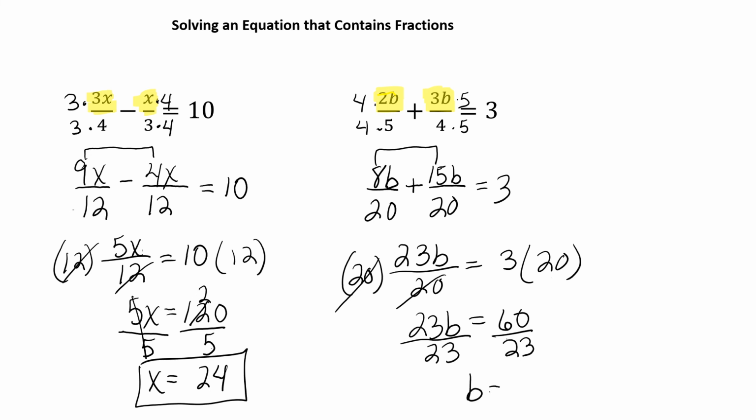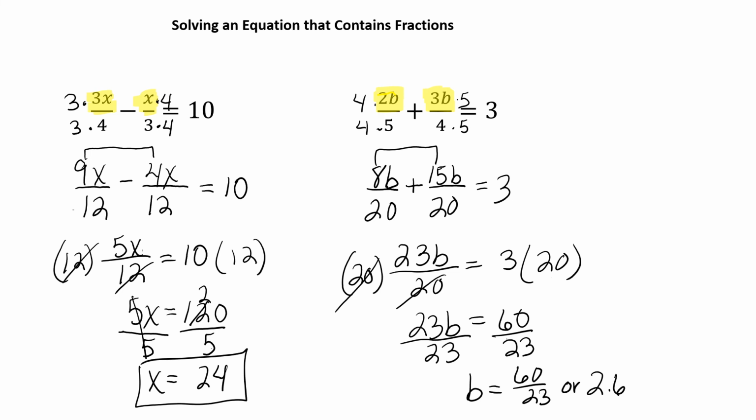Depending on your directions, it might say type in a simplified fraction or a decimal. Just follow your directions. 60 over 23 is as simple as it gets, so you could do 60 over 23. Or if you wanted to do it as a decimal, it would be, I believe, 2.6.